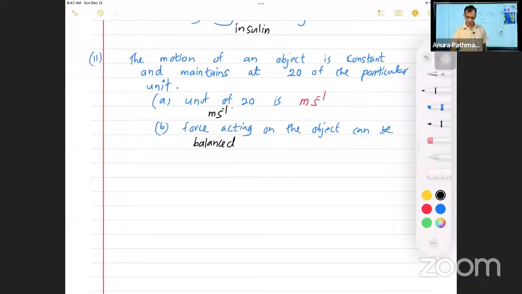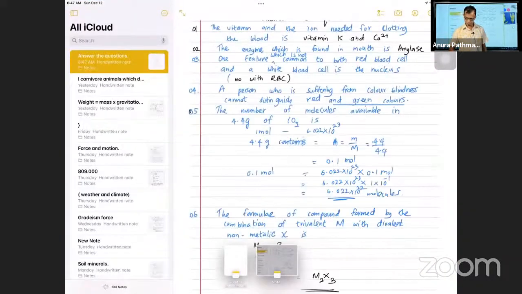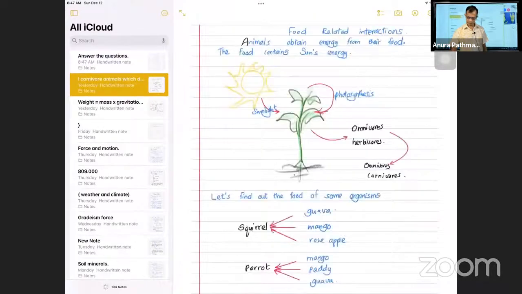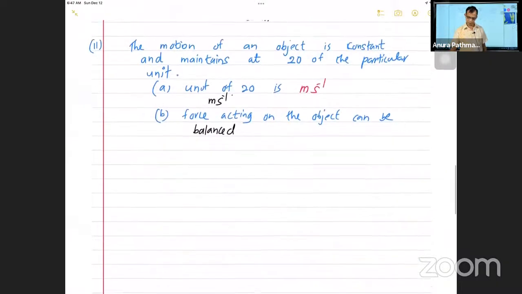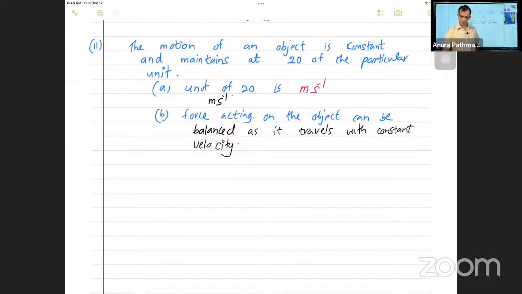The reason is it travels with constant velocity.